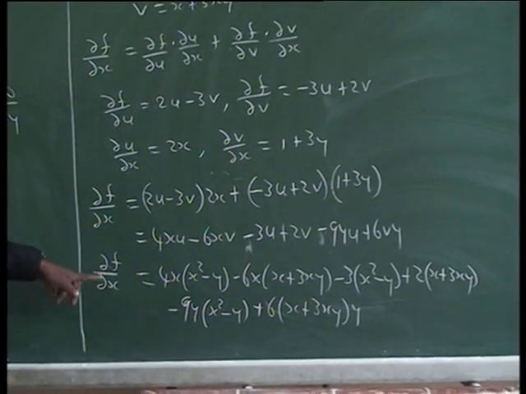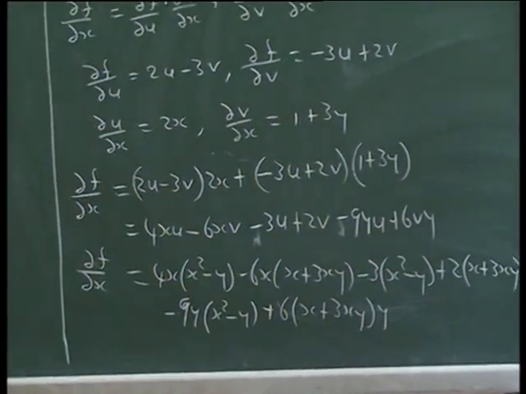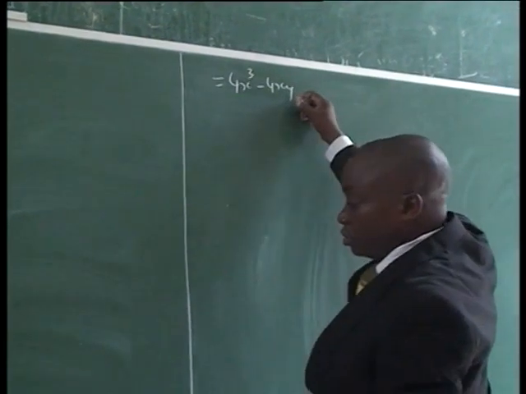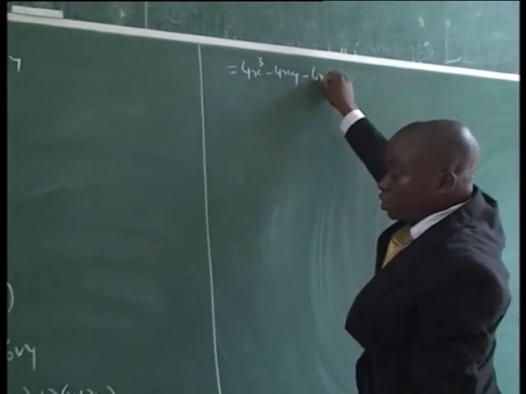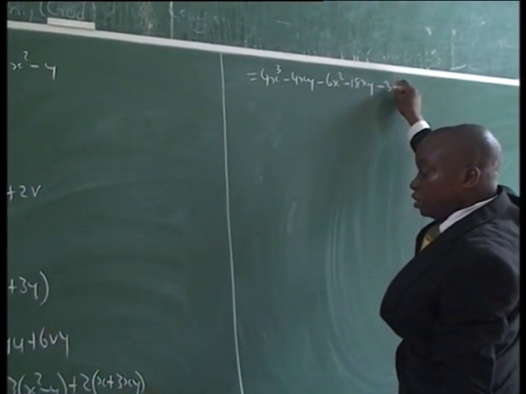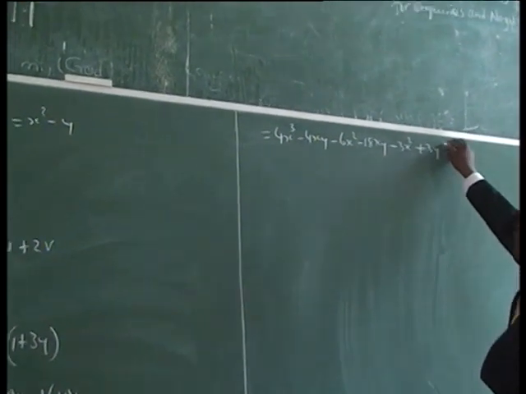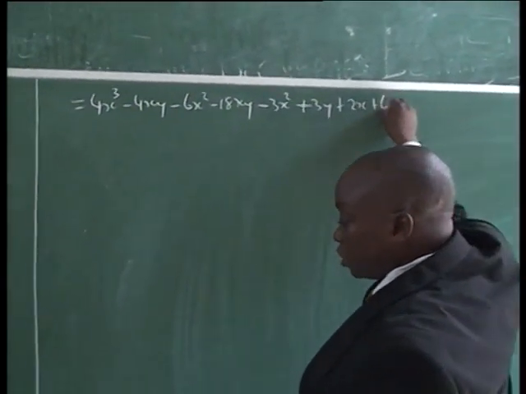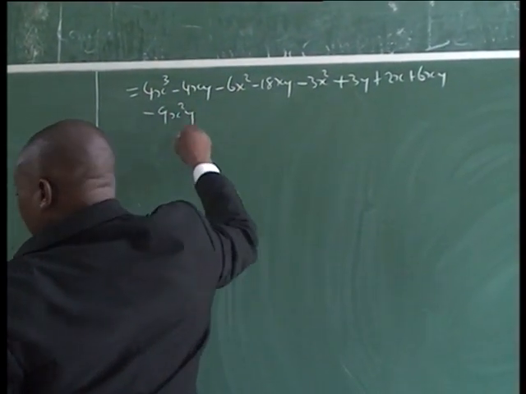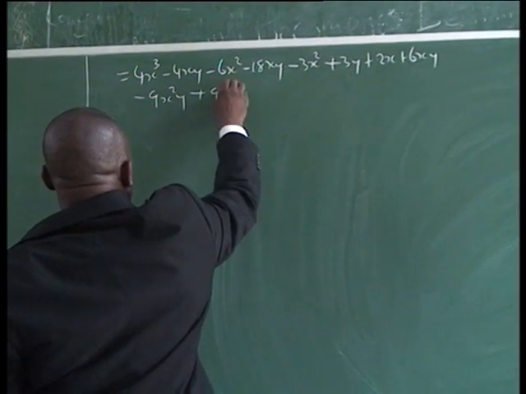So that is partial f, partial x. Okay, so this will give us 4x cubed minus 4xy, right, minus 6x squared minus 18xy, right, minus 3x squared plus 3y plus 2x plus 6xy minus 9x squared y plus 9y squared.